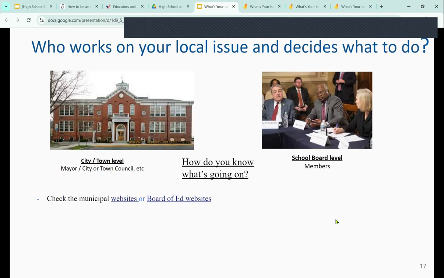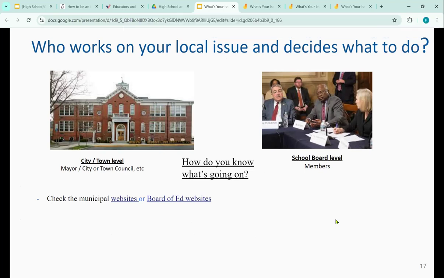At your local level, because remember we said we try to encourage kids to work on something local because they're much more likely to see and to have an impact. So what's an example of that? Well, in my town, the high school is on one side of a very busy road, and the parking lot for the high school is on the other side.